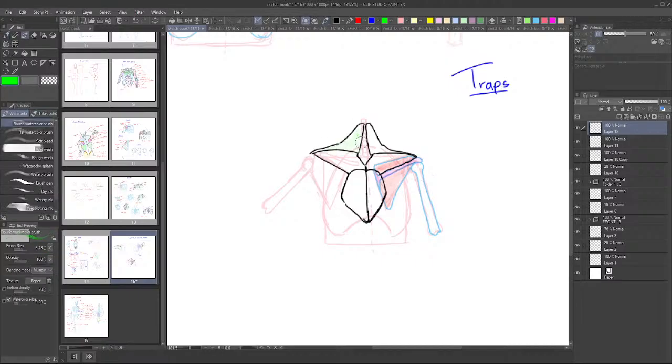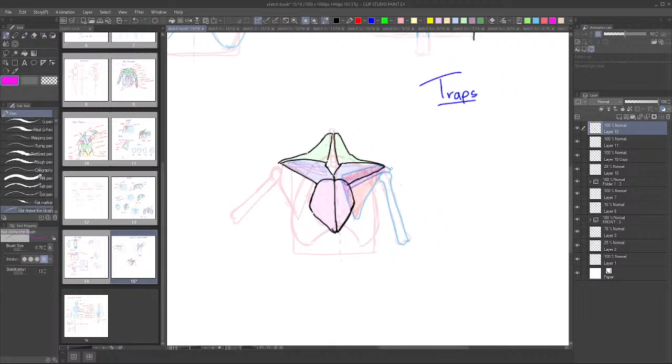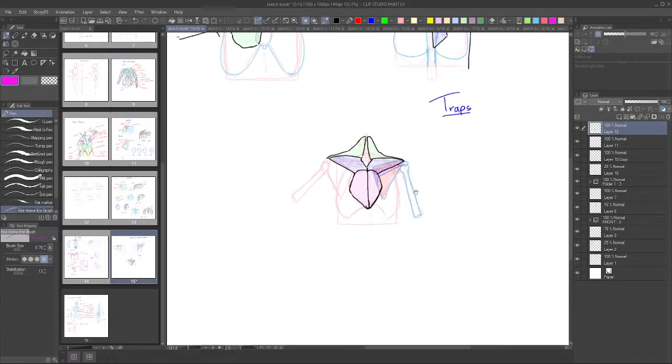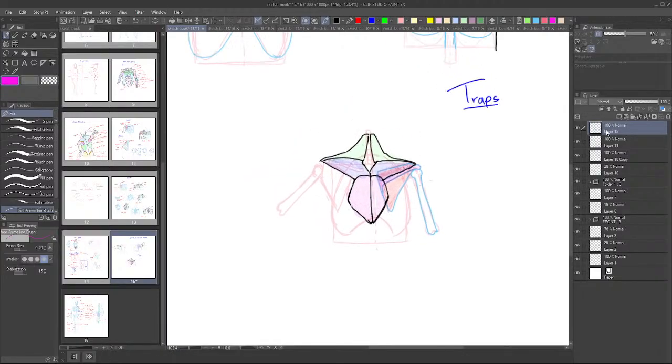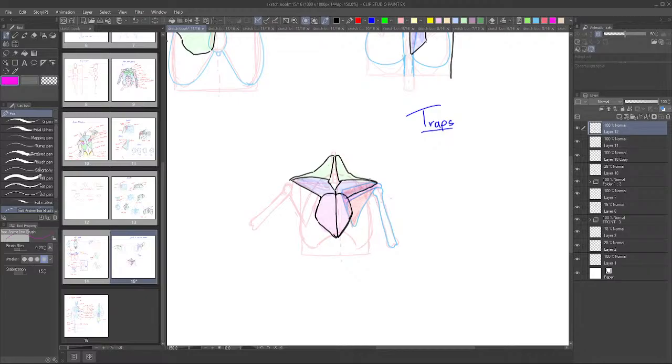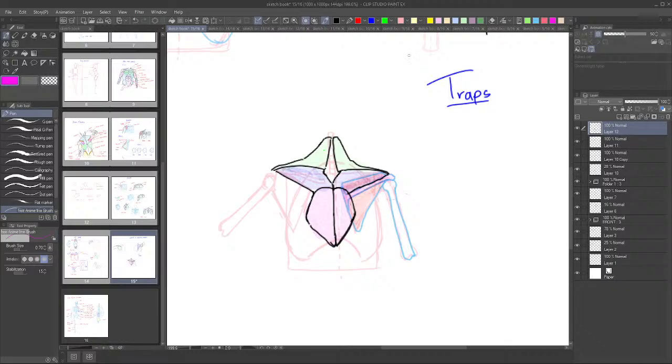So this is the top part of the trapezius, the middle part, and the lower part. So let's just rename it.